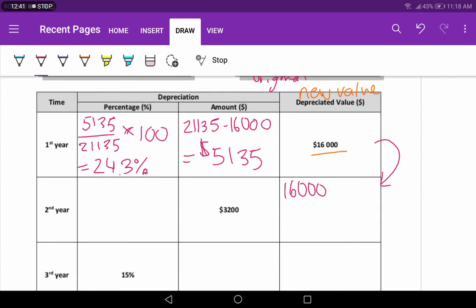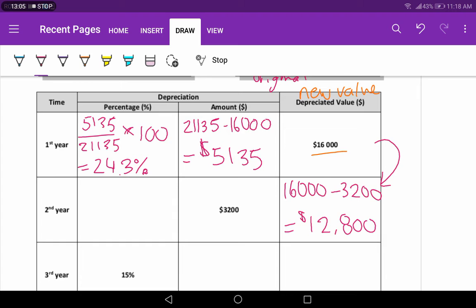We always have to keep using that new value of the car. Subtract the amount we depreciated and that will give us our new value after 2 years, which is $12,800. Now our car, we've had it for 2 years, is only worth $12,800.